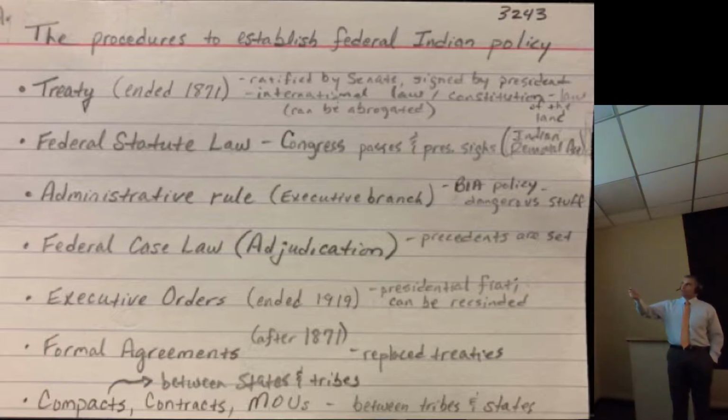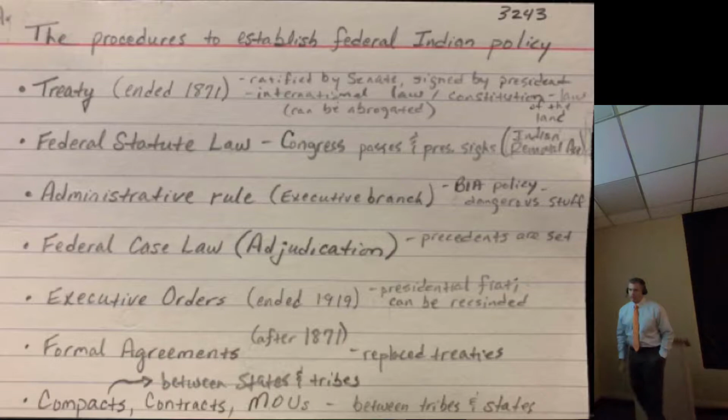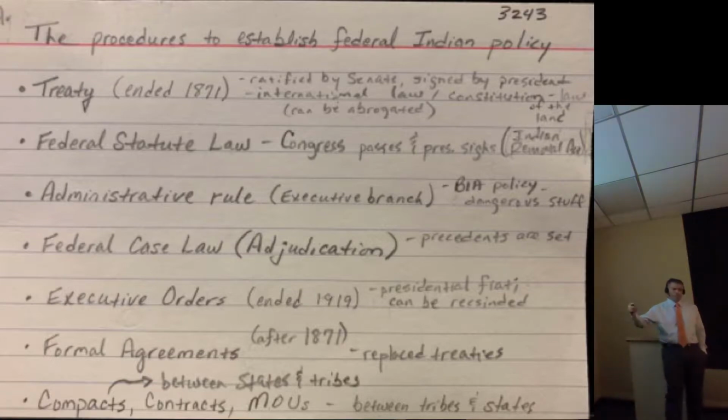This means that any treaty between the United States and an Indian tribe has to be ratified by the Senate and signed by the President, and it is considered international law. It is considered law of the land, equivalent to the Constitution. At least that's what treaties are initially considered.